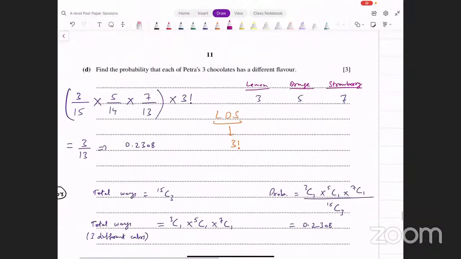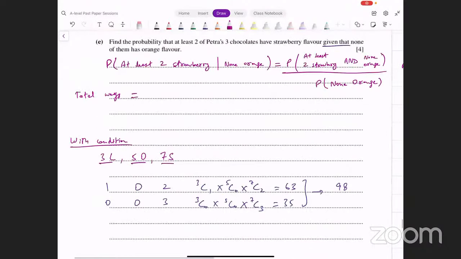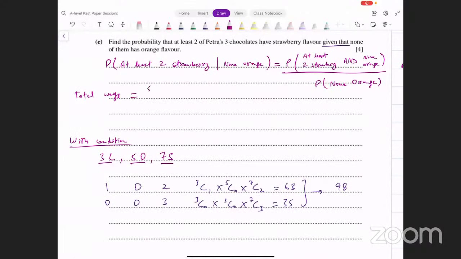You've got 15 chocolates in total. If you want none of them to be orange, what that means is you have 5C0, ऑरेंज वाले में से कुछ भी सेलेक्ट नहीं किया और बाकी 10 में से you select 3. And that's going to give you the total number of cases. यहाँ से total number of cases आ गए. What does this turn out to be? 10C3. ये evaluate कर लें. This is 120.